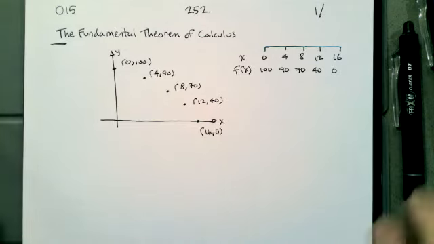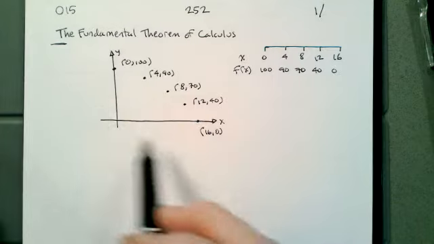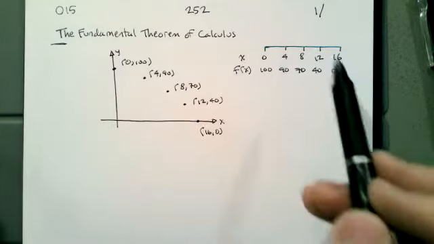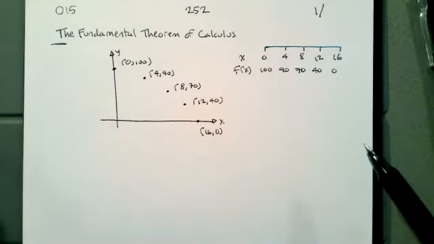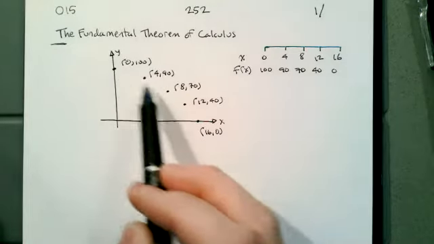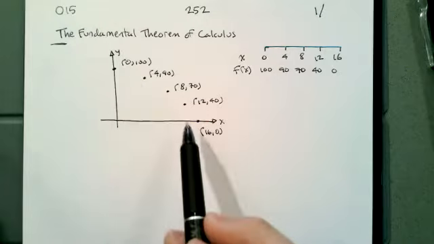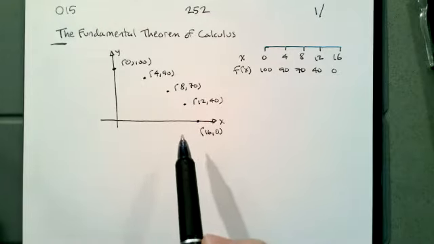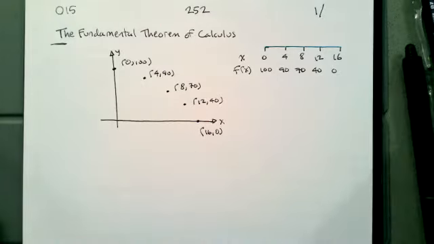So we want to look at this in terms of the graph and in terms of a table of values. Now, we're going to try to find the area under whatever this curve may look like, using these 5 points. And so what we're doing is dividing the area into 4 rectangles.